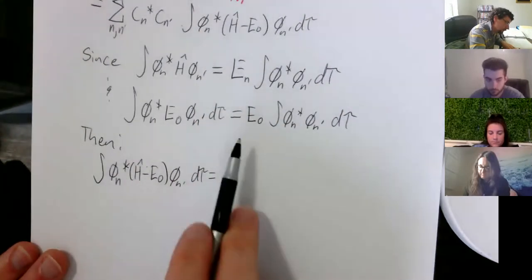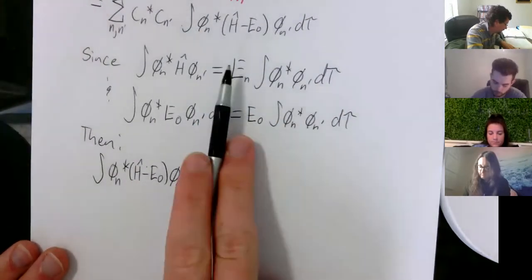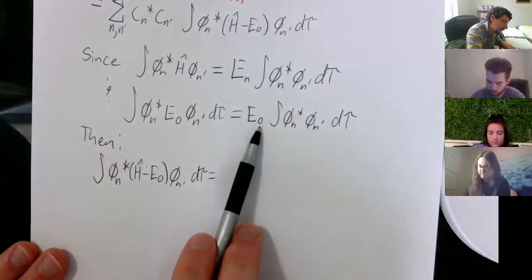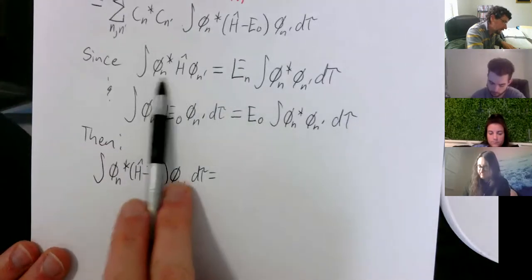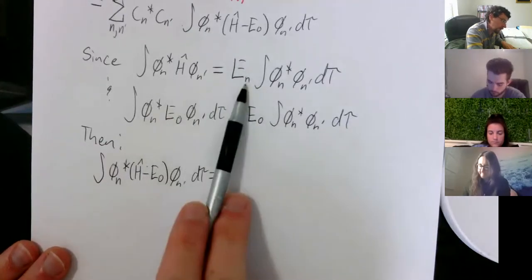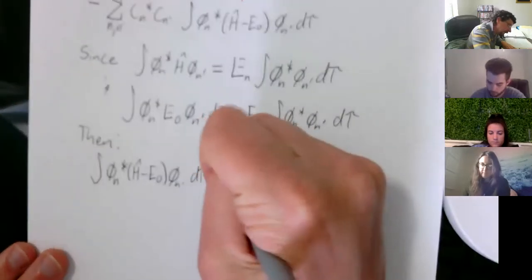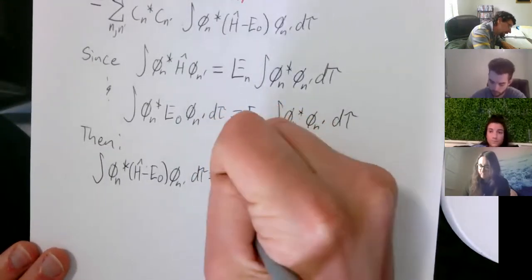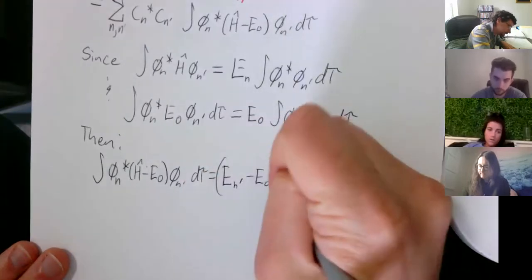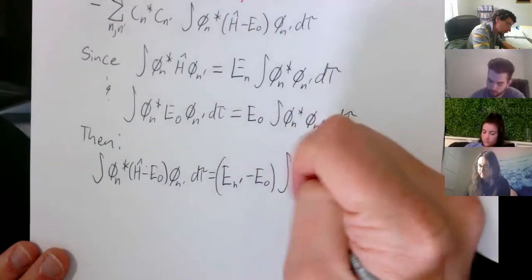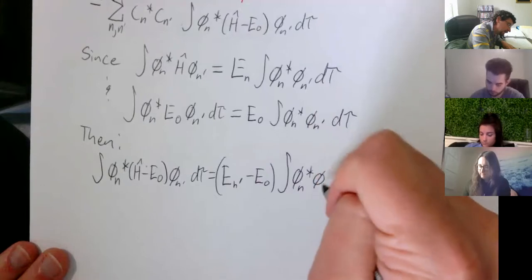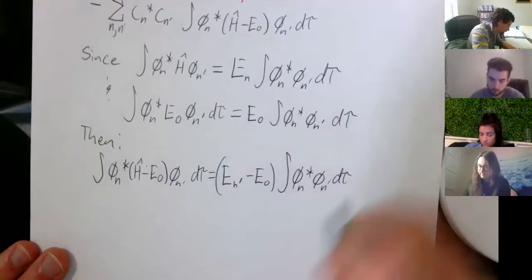That's going to be equal to this expression, but we can pull E naught and E out, right? So this first part, we're going to have En prime minus E naught is equal to the integral phi n star phi n d tau.